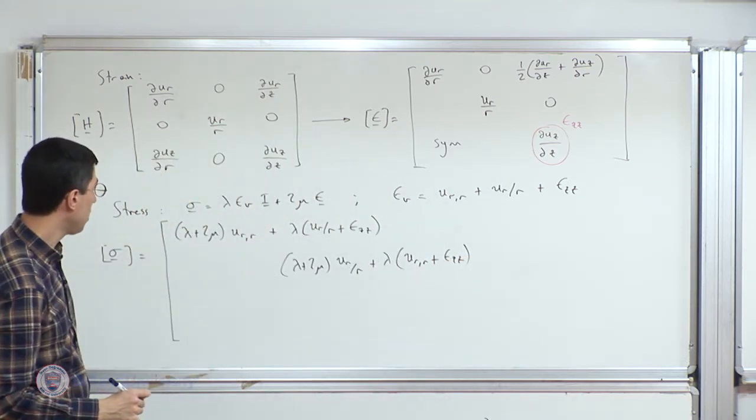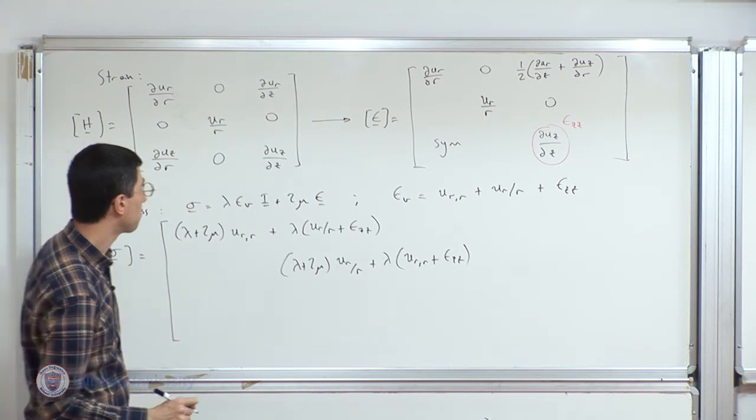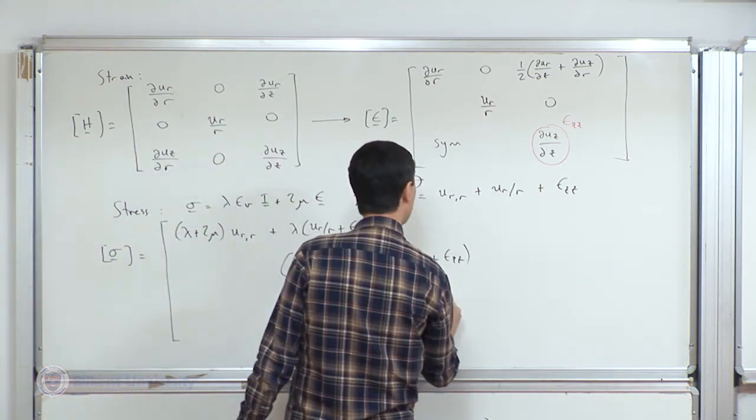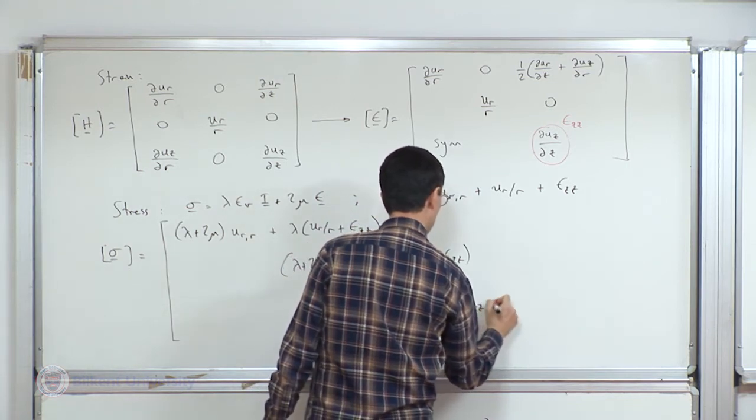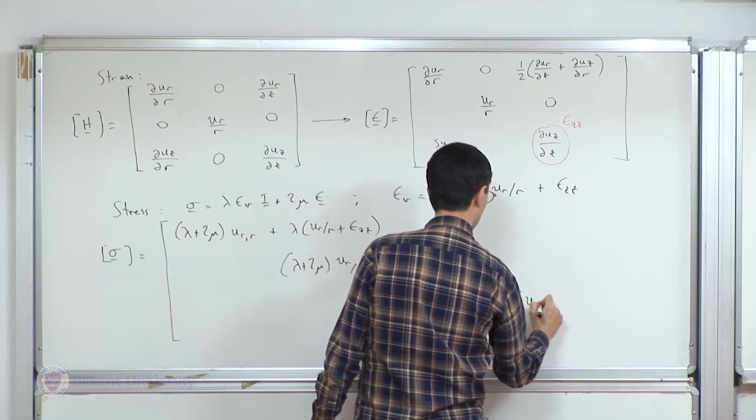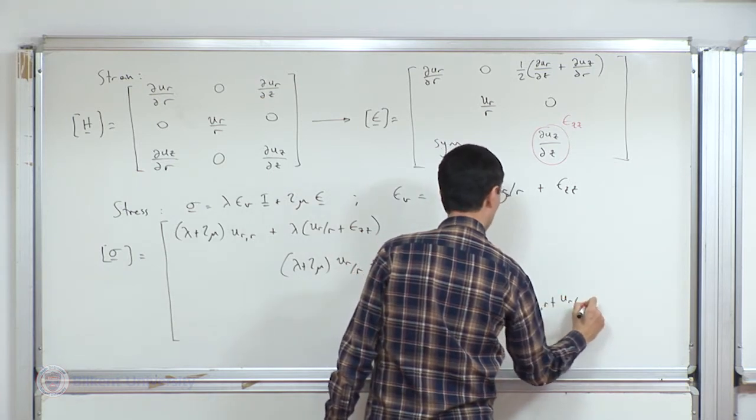And the last one is sigma zz, lambda plus 2 mu epsilon zz plus lambda times ur comma r plus ur over r.